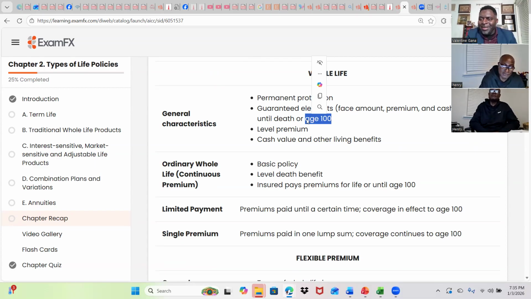It's maturable at death, because when you die, that is when the whole life policy, the word whole, means the rest of your life. So again, the premium is level, and it has cash value, and it possibly has other living benefits.